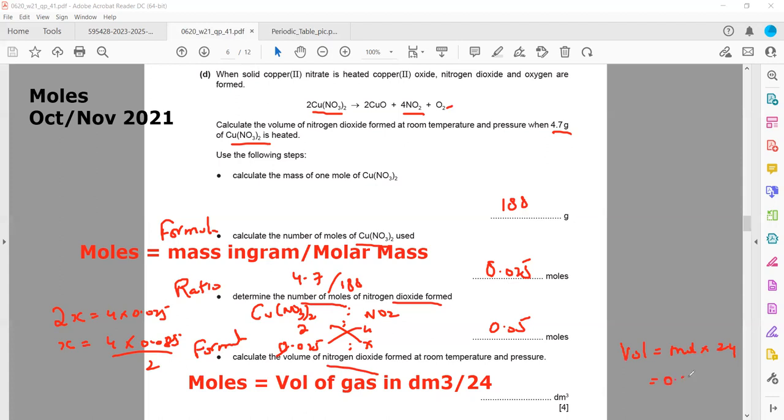Moles of the gas we calculated is 0.05, so 0.05 multiplied by 24. What's the answer?